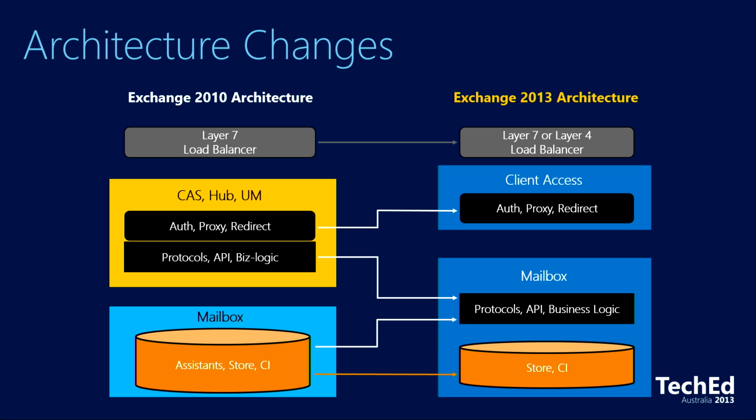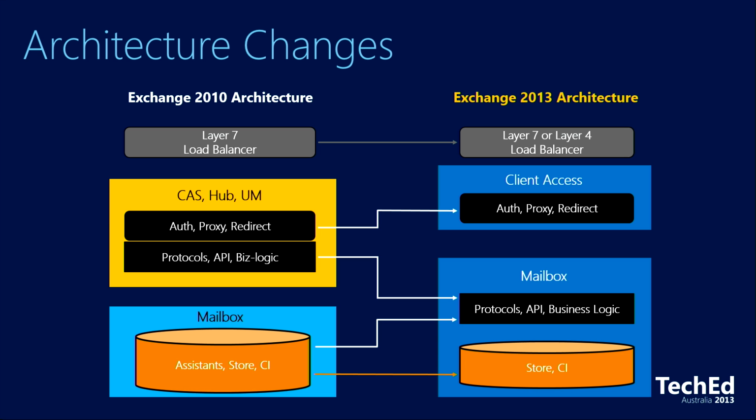Obviously, as I mentioned earlier, we're just down to 2 server roles in Exchange 2013, CAS and Mailbox. So all of the functionality that we have in Exchange 2010 needed to go into one of those roles. Now, basically what we did is we took things like the authentication components, the proxying and redirection components, and we put them into a new client access server.